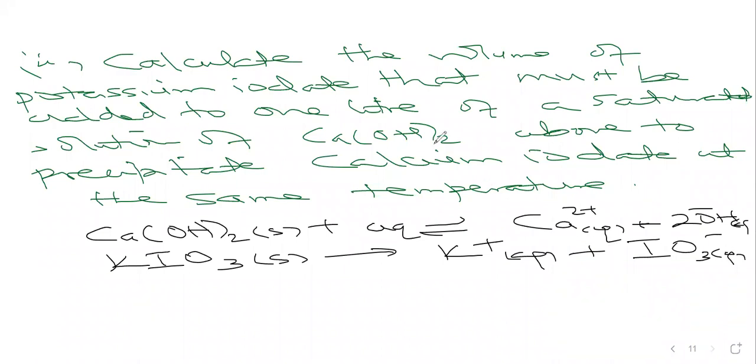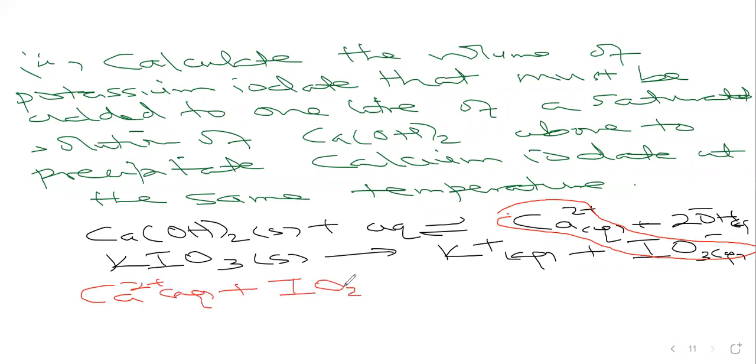So when you add it, a reaction is going to occur. This is not common ion effect, but a precipitation reaction between calcium ions and iodate ions, forming another sparingly soluble salt, which is calcium iodate.